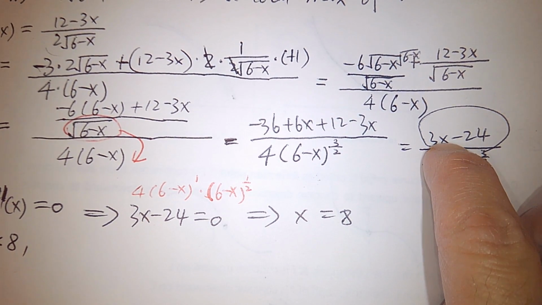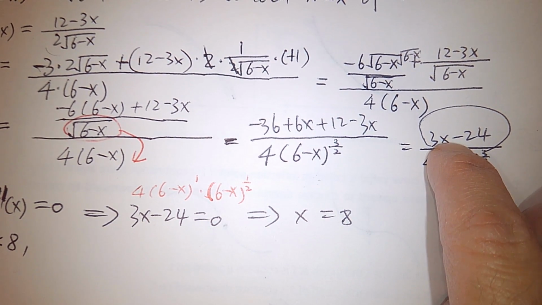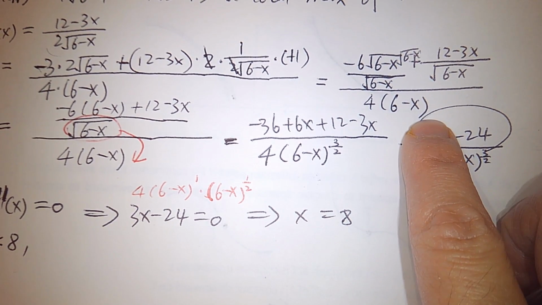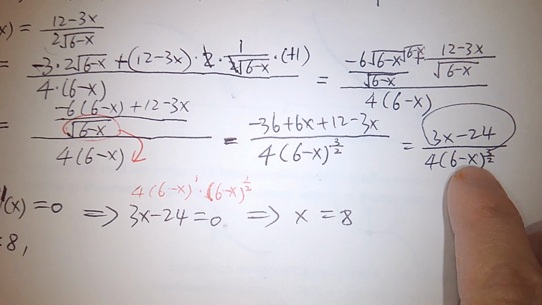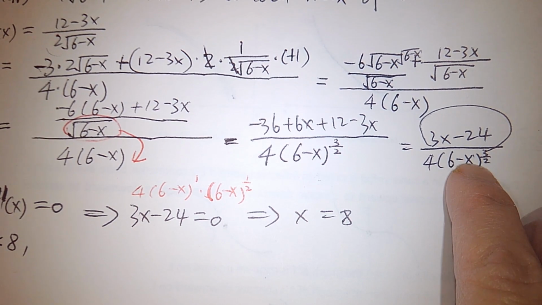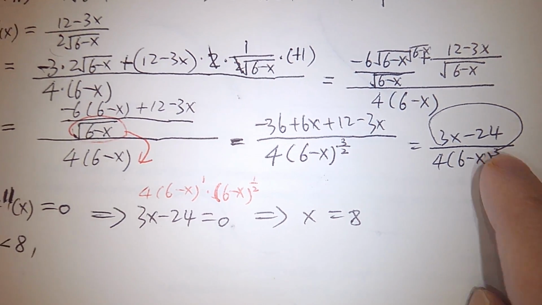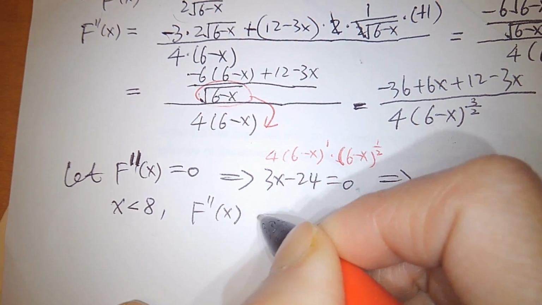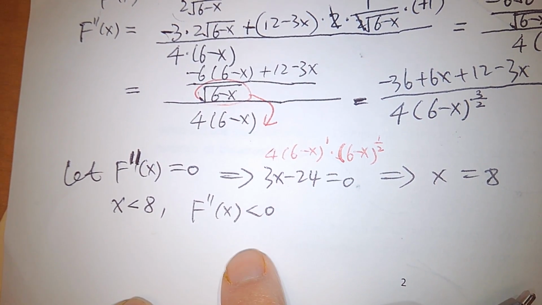We can use x equals 0. 3 times 0 minus 24 is negative, and 6 minus 0 is 6, positive. So f prime prime will be less than 0.